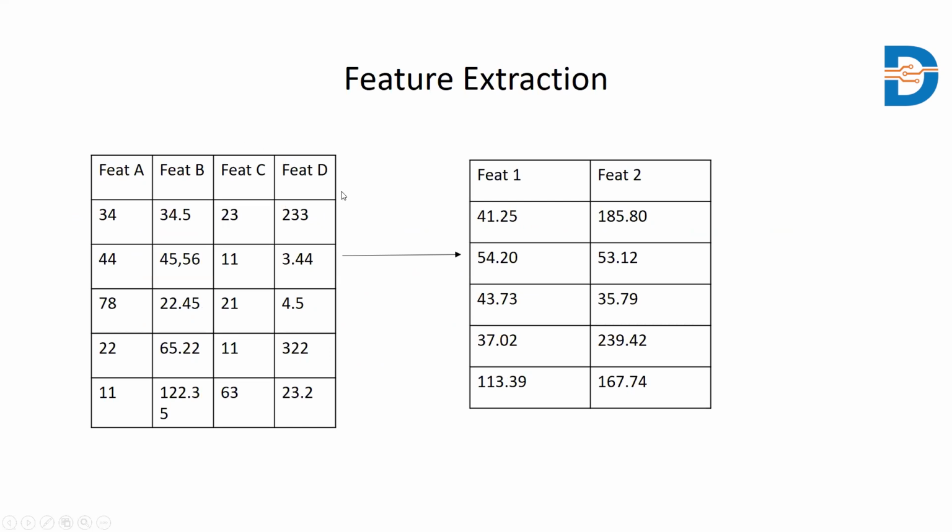So how is it performed? The same way I have explained just now. Here I have 4 features, but after the extraction, I have 2. Let us assume you can choose anything. Suppose I choose feature A and feature C. Let us assume I get feature 1 by taking feature A plus, using the plus operator, 0.9 times the other feature. So by combining these two with one operator, I am getting feature 1.